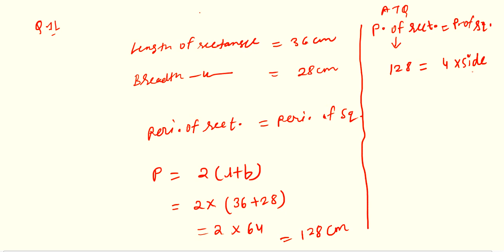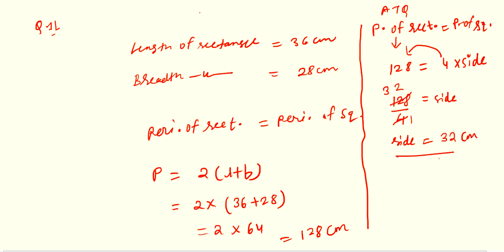Now we want to know the value of side, so we will transpose this 4 to the left hand side. So 128 divided by 4 equals side. Side equals 32 centimeter. The side is what we had to find, so this is your required answer.